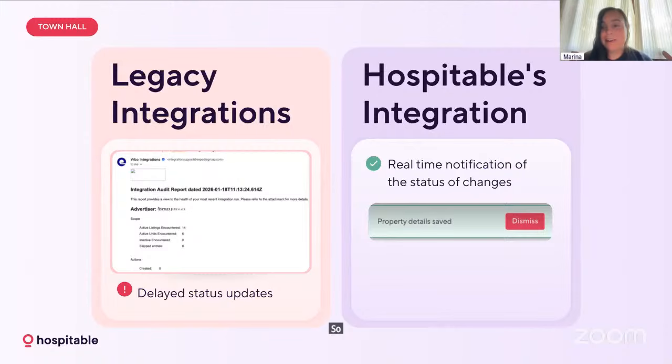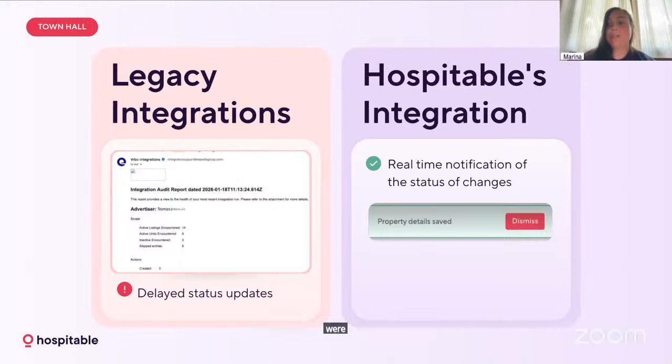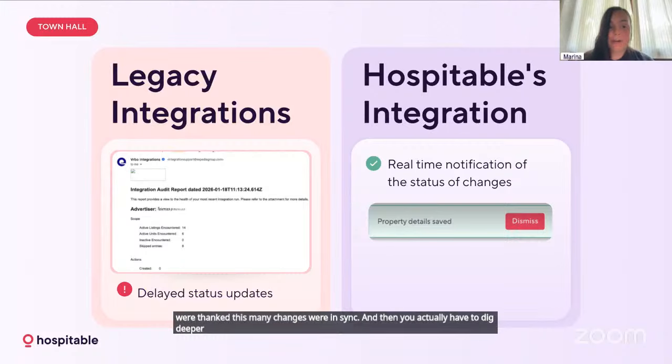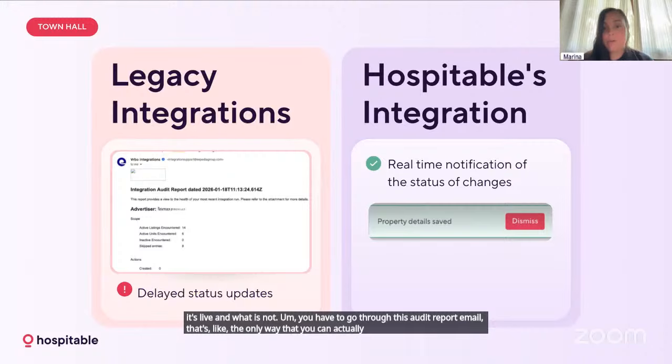Something I found out talking to many of you, and some of you who have used Vrbo before on other platforms, is that you receive an email every week just saying this many changes were synced, this many changes were in sync. And then you actually have to dig deeper and figure out yourself what is live and what is not. You have to go through this audit report email.